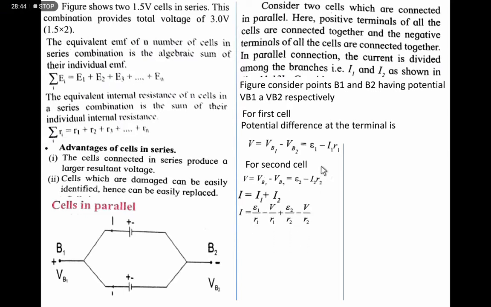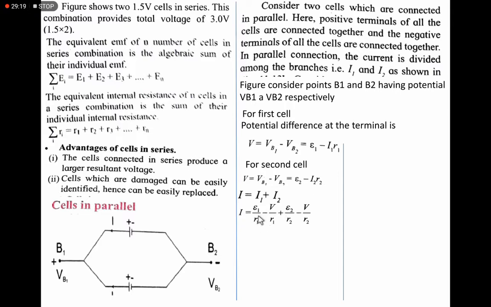Then for the first cell, moving E1 to this side, we'll write it this way: I1 R1 is equal to E1 minus V. Then R1 to this side, I1 is equal to E1 minus V by R1.